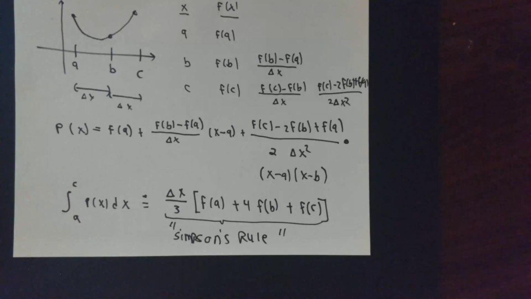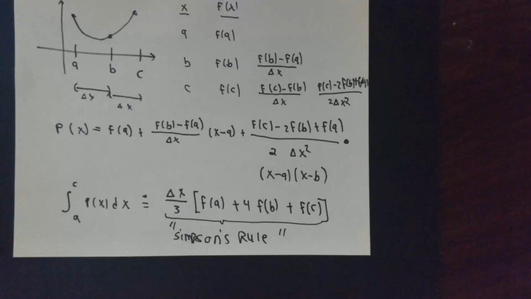Meaning, the error for Simpson's rule is the same as the error term for a 4-point method, with the value of that error not really depending on the fourth point.